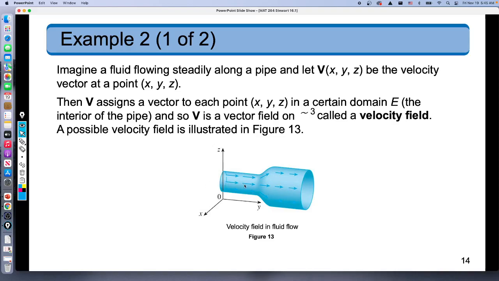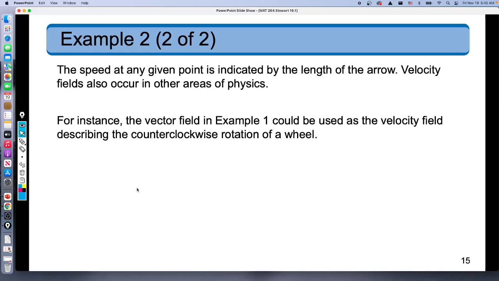So you could see that this is a little bit larger, the arrows get a little bit smaller as we get more room to move around. So this is a velocity field, say within a pipe. So three-dimensional, we'll be looking at some of these. Okay. And again, it does give us the speed at any given point and the direction it's going. And these types of things do occur quite often in physics.